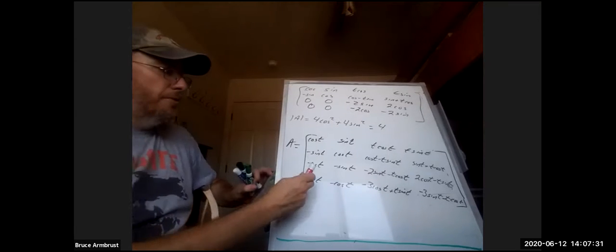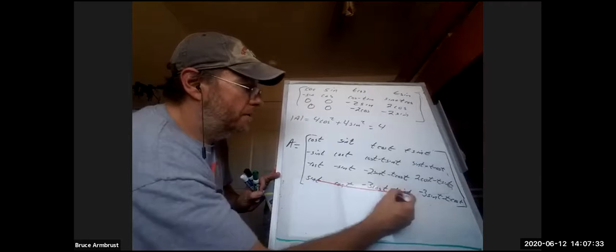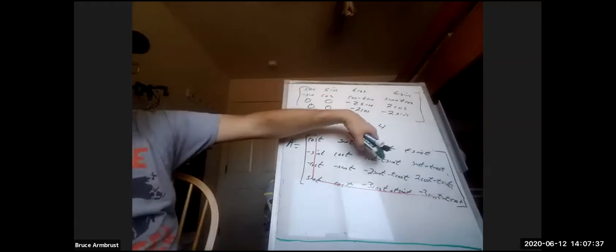For example, for the top entry in that last column, we come over here to the first entry in the row, and we cross off that row and that column. You see that leaves me a 3 by 3 matrix.